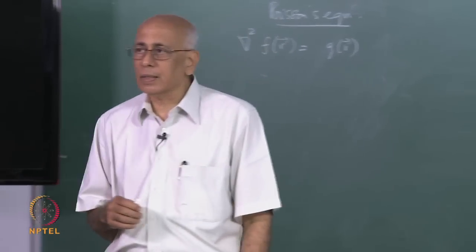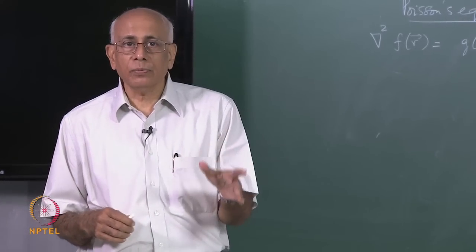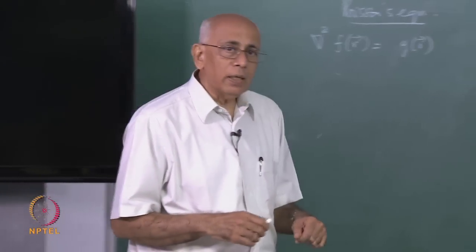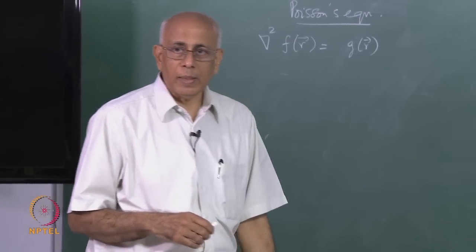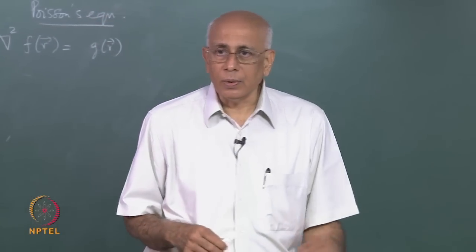So it is a very interesting fact that knowledge of the eigenvalue spectrum of the Laplacian operator and its generalizations gives you a great deal of information about the underlying space itself. Okay. I will come back to this point later on.